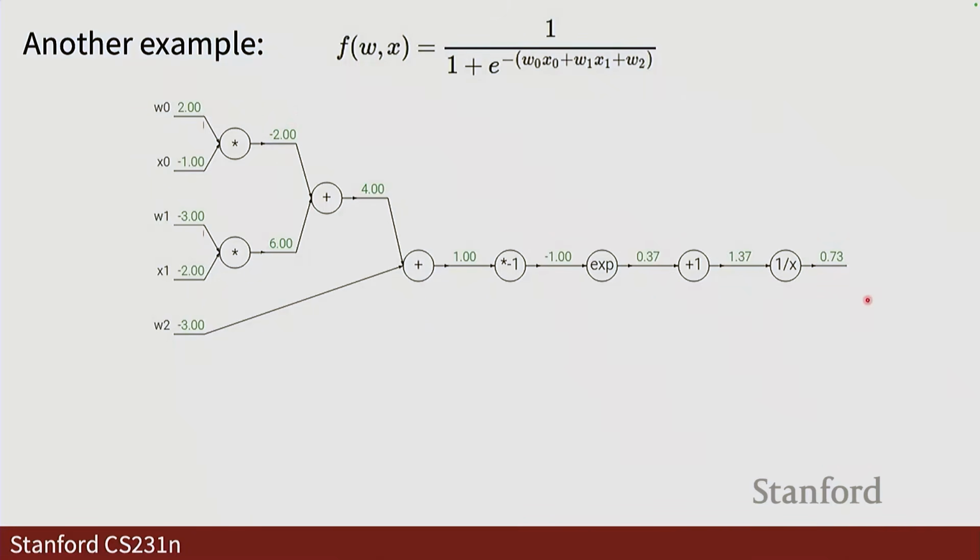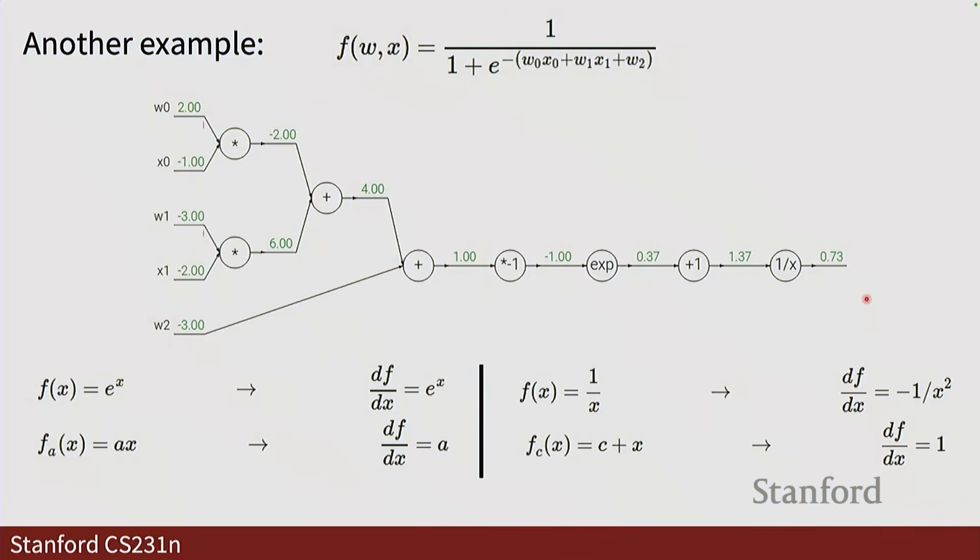And just to remind you, we know for an exp function, e to the power of x, what its derivative is with respect to x. For constant multiplication, the derivative is always the constant value itself. For 1 over x, the derivative is minus 1 over x squared.